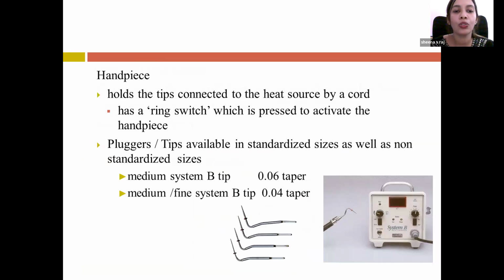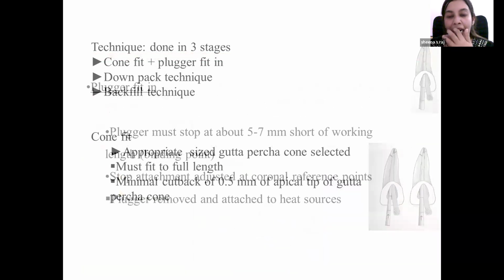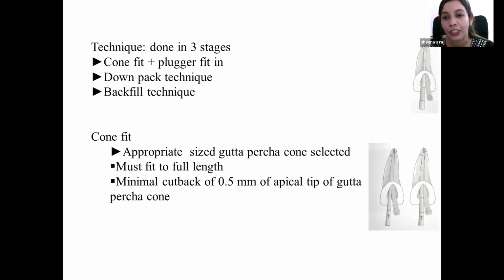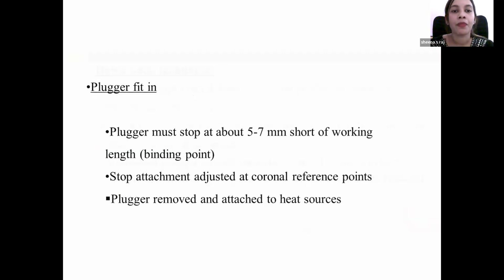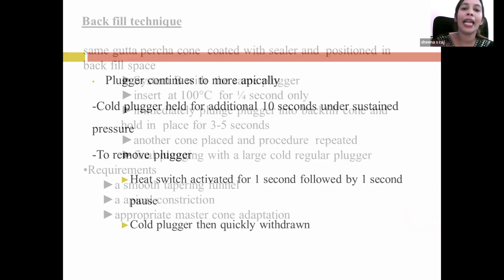You have to know the various plungers used and the tapers, like medium and medium fine, of 0.06 taper, 0.04 taper, etc., with a handpiece. Once we place the gutta percha with the down pack method, we transfer that heat to the gutta percha. So that is the down pack method. And last, we backfill that area.